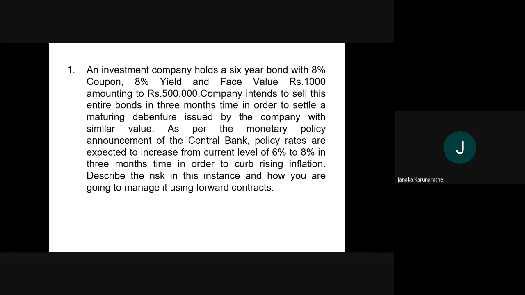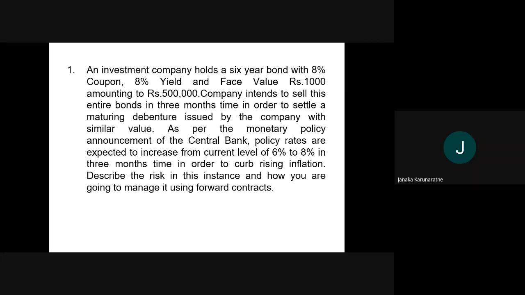The risk to you is, given the policy rate increase based on inflation expectations, the market interest rate will go up. If the interest rate goes up, your value will come down. The market rates are 8%, 8% coupon, 8% yield.